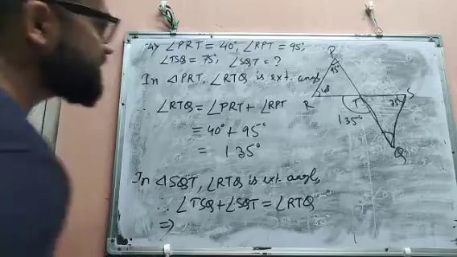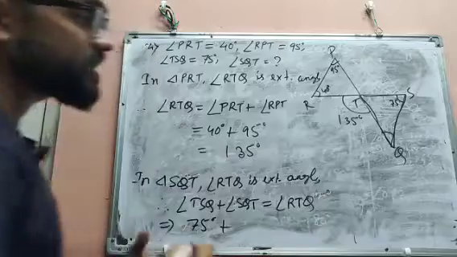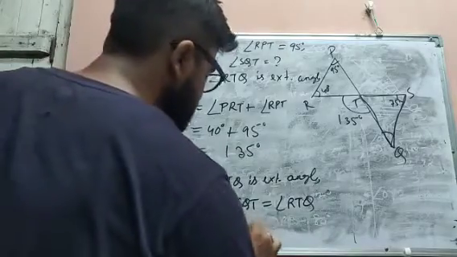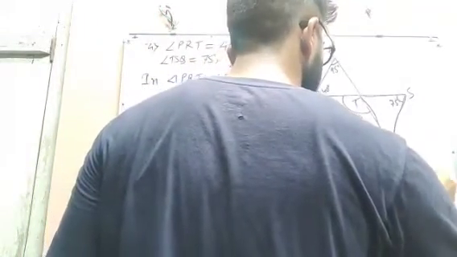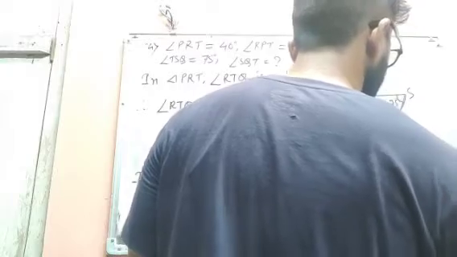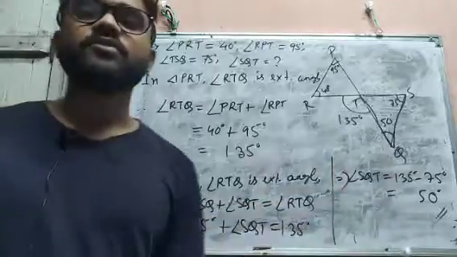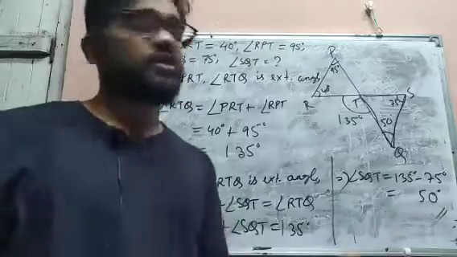TSQ value is given 75 degrees, and SQT we are asked to find. So keep it as SQT, and RTQ is 135 degrees. Doing the calculation, SQT equal to 135 degrees minus 75 degrees, so you will get the answer 50 degrees. Okay, so up to question number 4 we discussed in this video. The remaining questions I shall discuss in the next video.